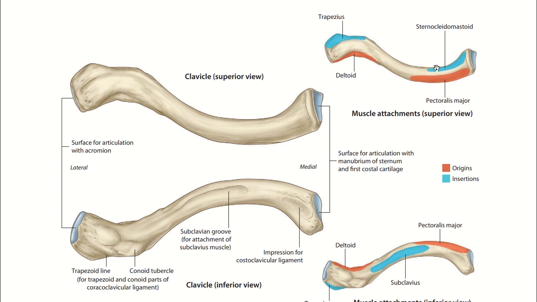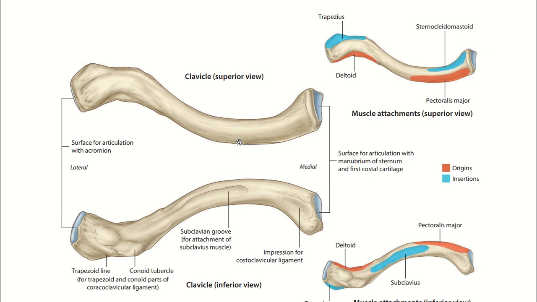So right here at the medial portion, you're going to have the clavicular origin of your pectoralis major muscle, and then at your posterior medial portion, you're going to have the attachment of your sternocleidomastoid muscle, and then at your lateral anterior portion, you're going to have the attachment of your deltoid, and the posterior lateral portion, the attachment of your trapezius muscle.